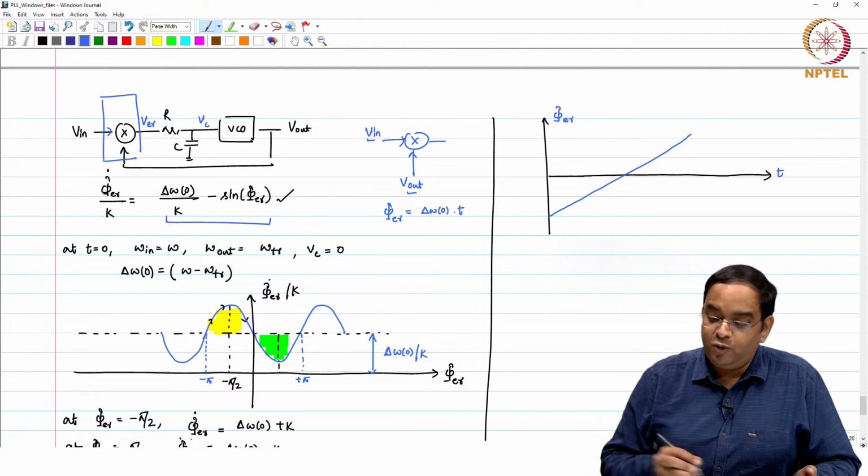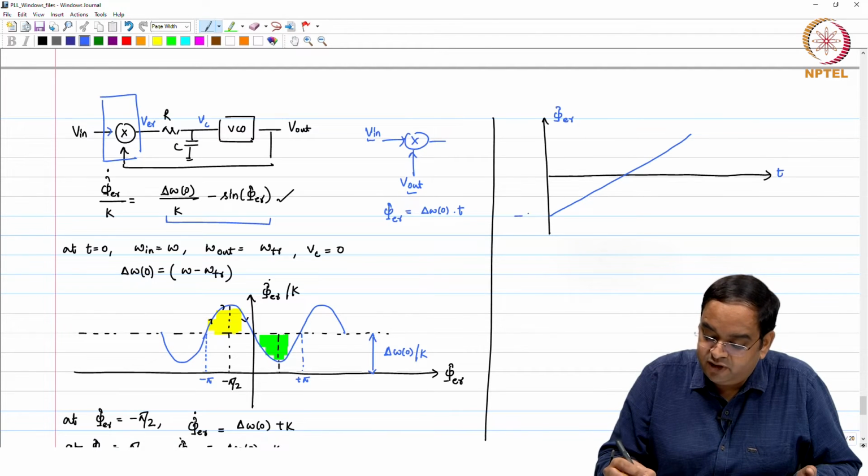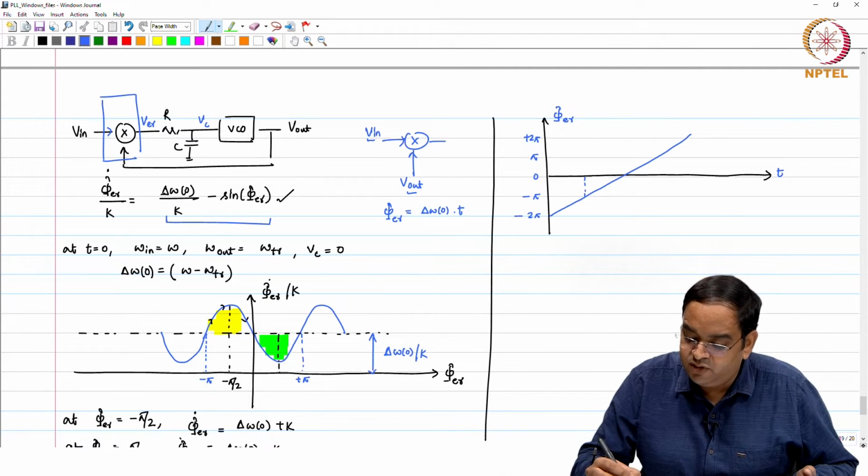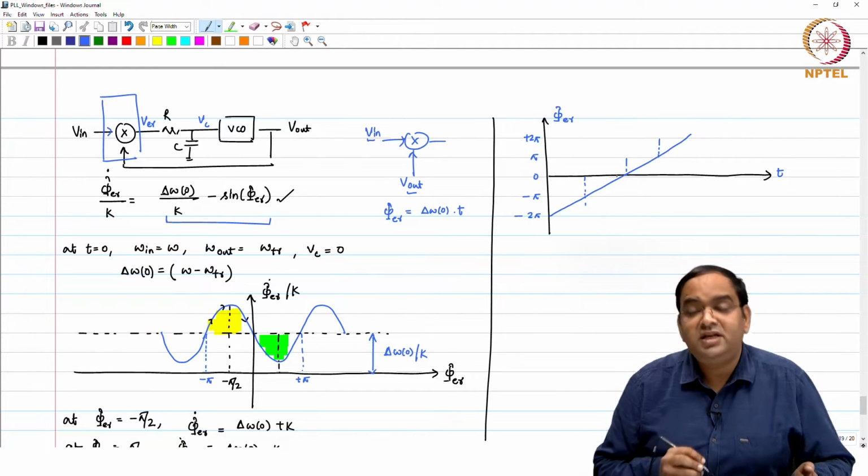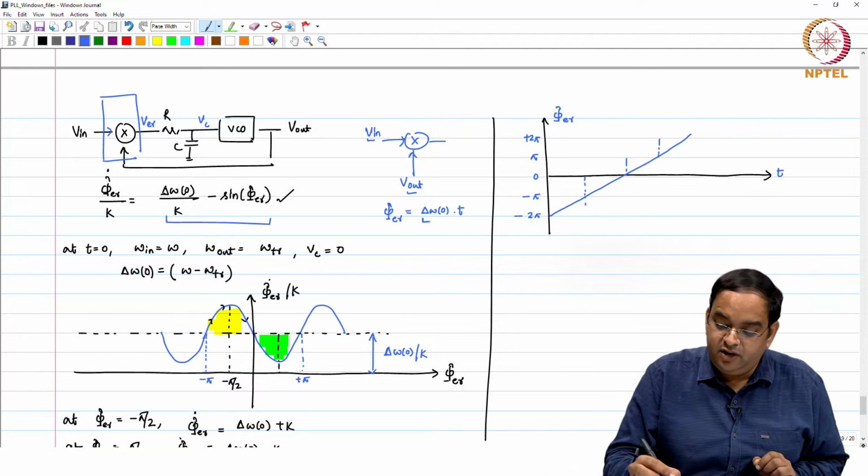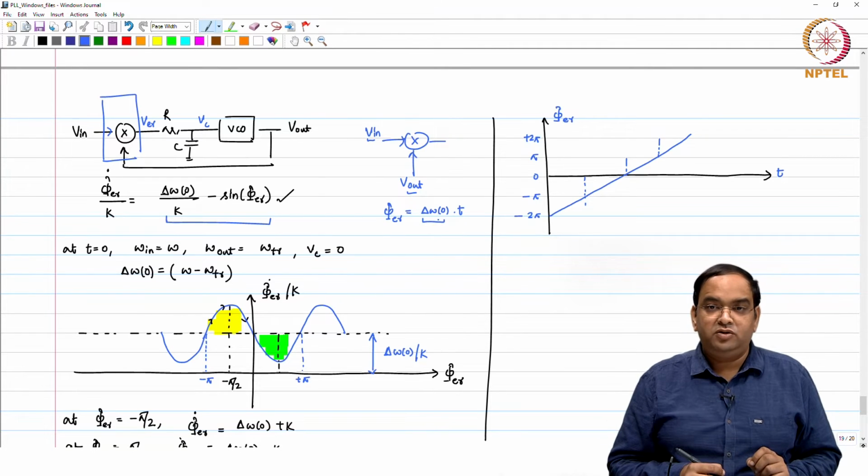The blue one is for open loop. So, it may start from minus 2 pi, goes to minus pi, then 0, then plus pi, plus 2 pi, and it is going to get all these values at fixed intervals of time, and these fixed intervals of time depend on delta omega 0.